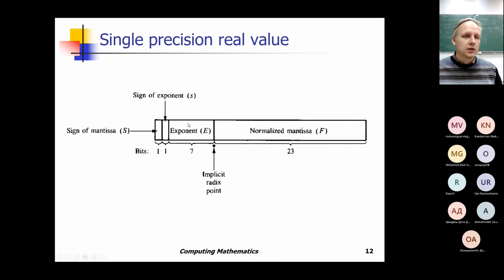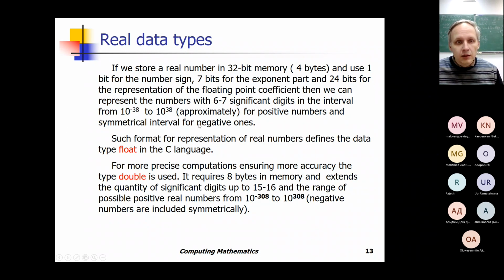When we work with double precision real value, the size for mantissa, for exponential part, is another. I don't remember. But of course, you should not remember these values exactly.